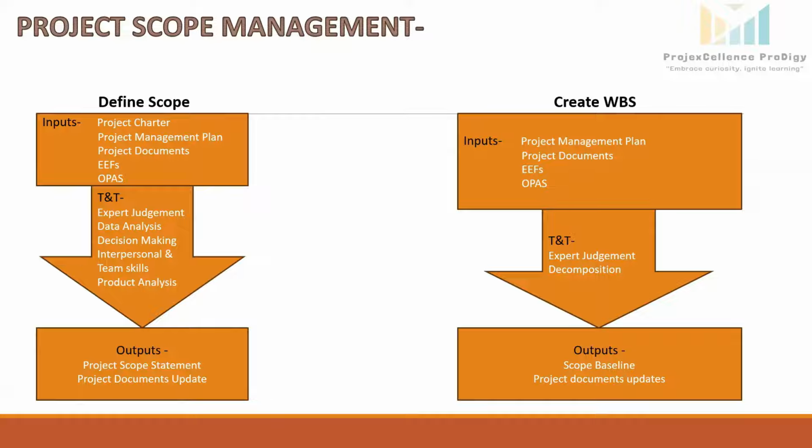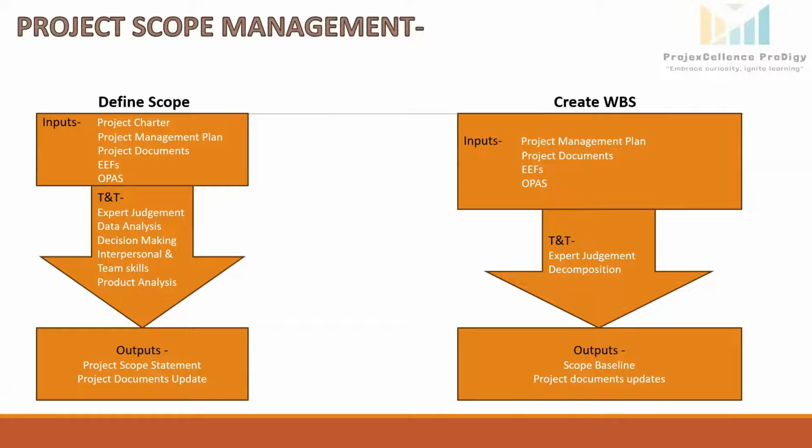Come to the outputs. We are getting two outputs out of this process. One is scope baseline and second is project document updates. So scope baseline is the approved version of a scope statement, WBS, and its associated WBS dictionary, which can be changed only through formal change control procedures and is used as a basis for comparison.